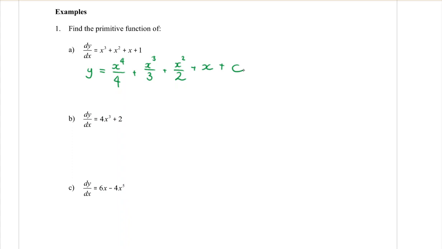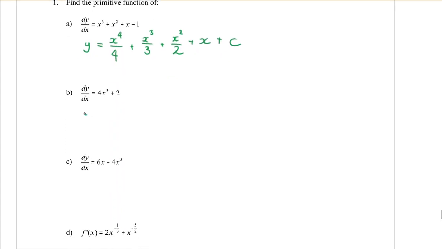Okay, so second one, dy dx, reversing the process, it's going to become y equals, the first term is 4x cubed, adding 1 to the power will become a power of 4, and divide by that power, which you can see there's going to be some cancelling happening there. The second term is a 2. When I add a power of x, I'm adding an x, and I need to remember to add a c.